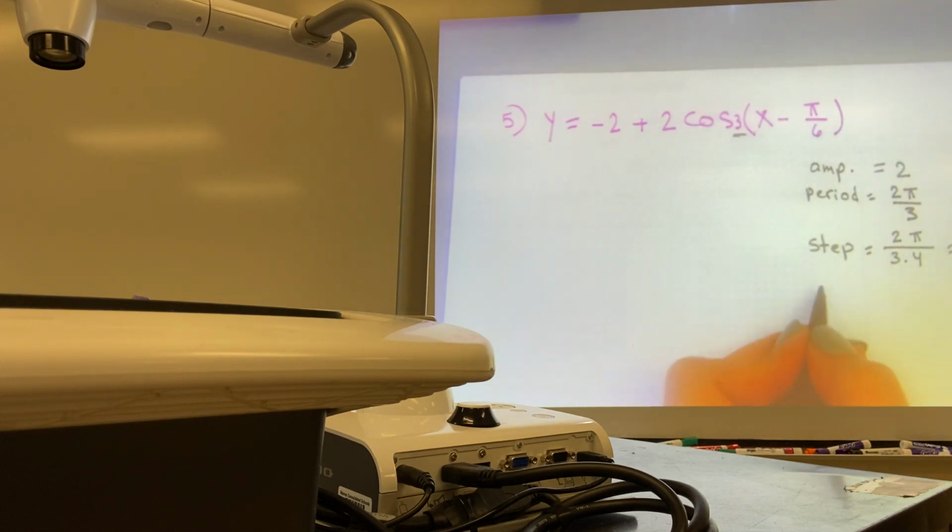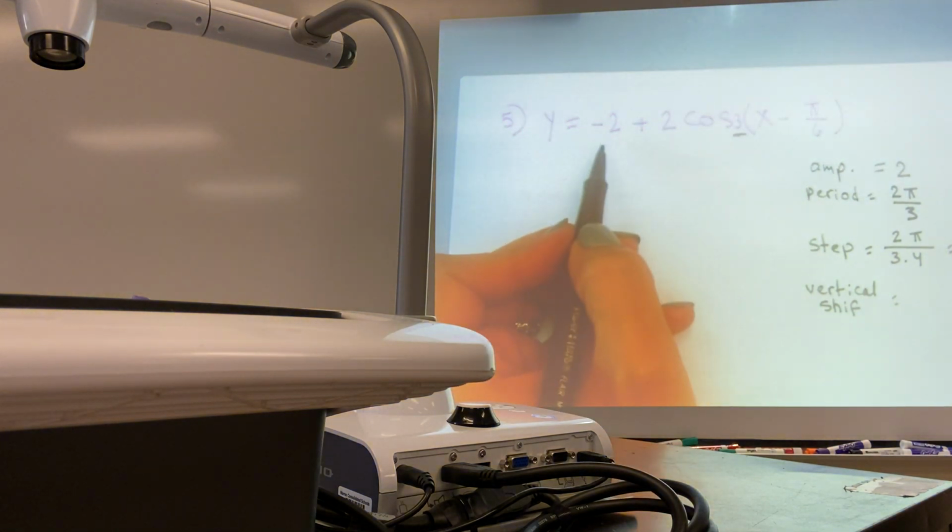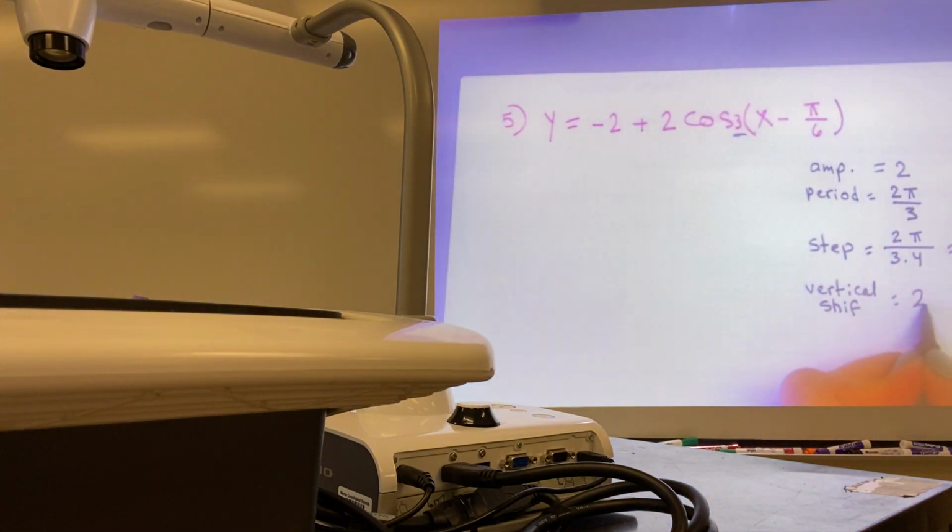Then we have the vertical shift. The vertical shift is, as you see, negative 2, so it's 2 units down.